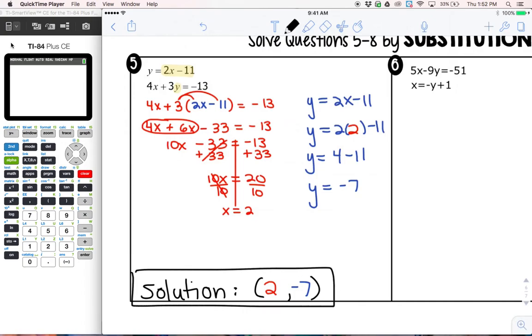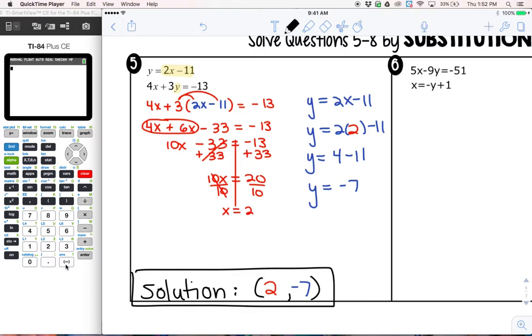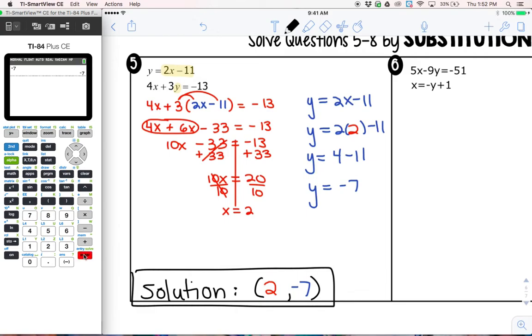Now just a really quick way to check our answers here is to plug in our solution, 2, negative 7, into each of our equations. So right now I'm going to do this y equals 2x minus 11. I'm saying that y is negative 7, right? So when I type in the next half, 2x minus 11, I should get negative 7. So x is 2 minus 11, should get negative 7, and I do.